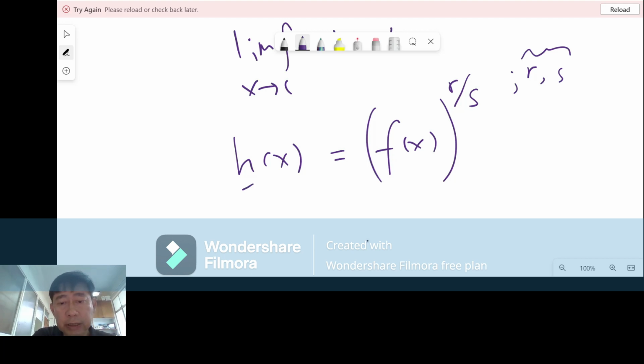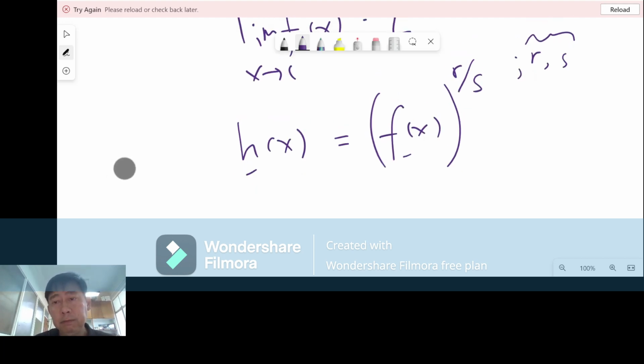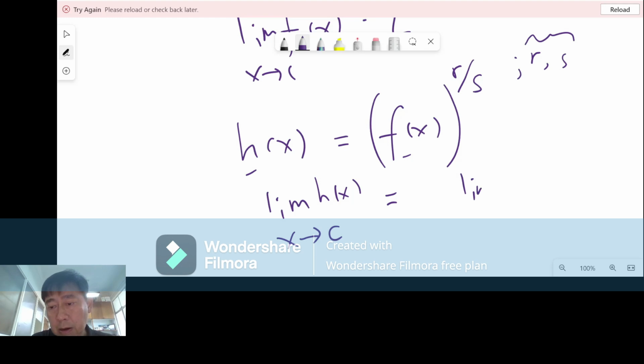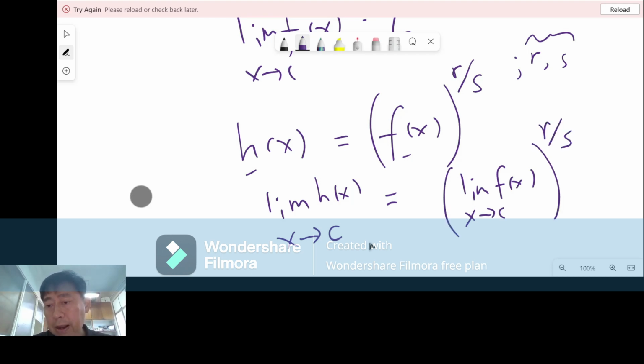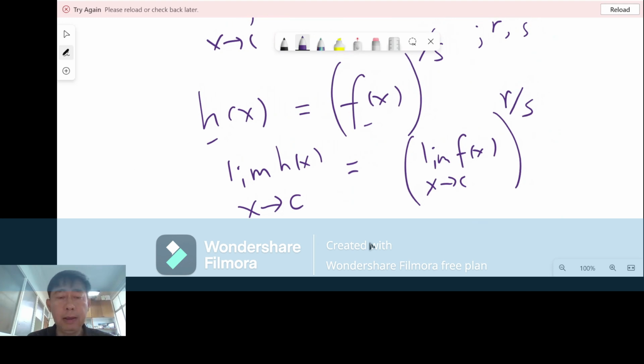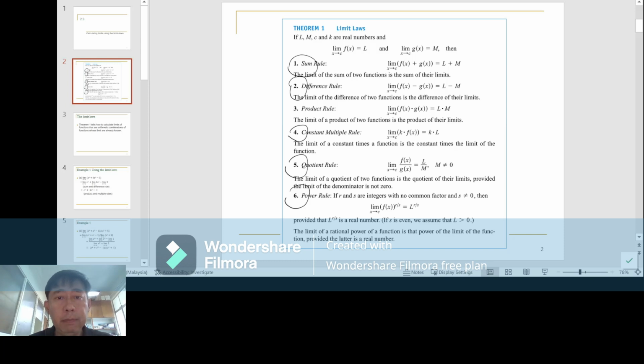So if h is related to f through this power relationship, then the limit of h at the point c is just the limit of f at the point c raised to the same power r over s. I think that is what item 6 in theorem 1 says, and if the limit of f as x tends to c is L, then this is written as L to the power r over s. So this is basically what theorem 1 says.